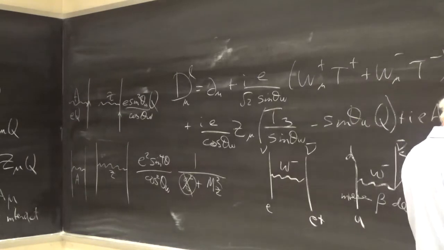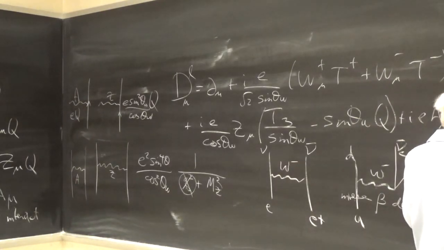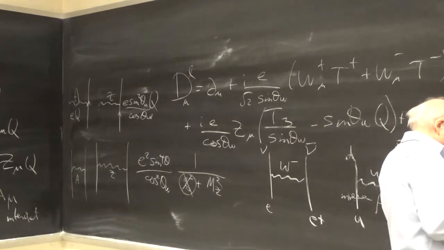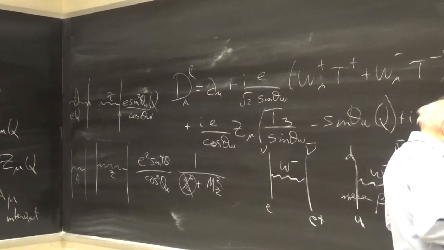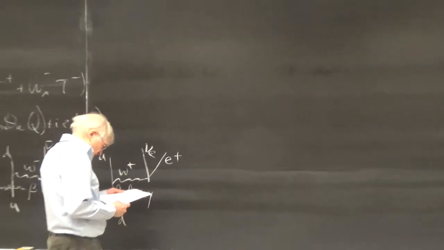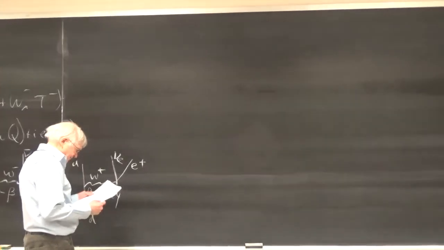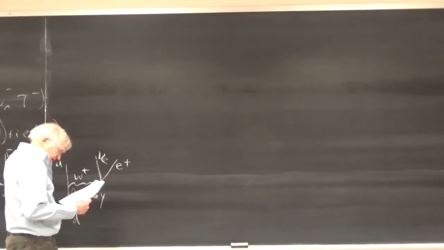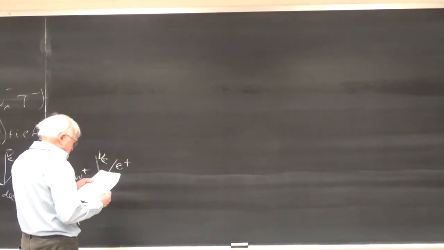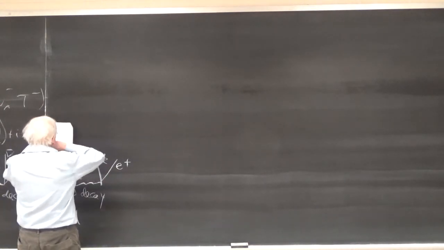Now, last time we were talking about masses, and I'll skip what I did last time and just say what one actually does. Suppose you want to give masses to down quarks.